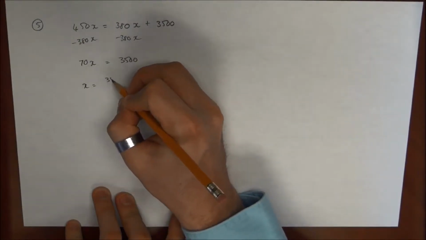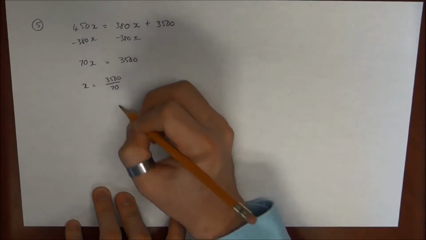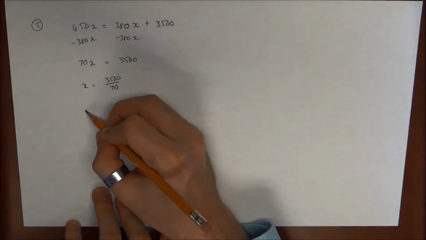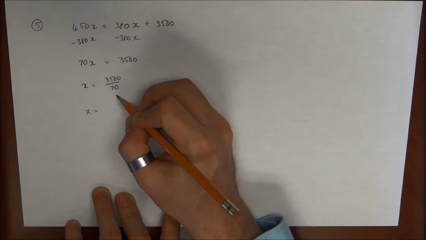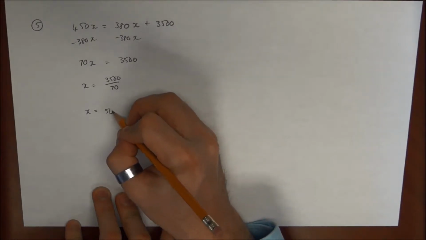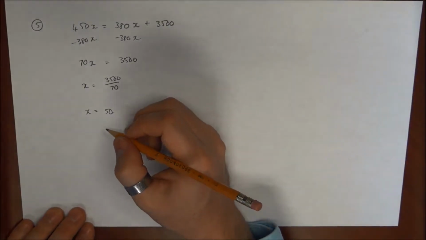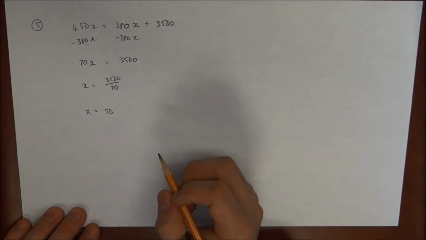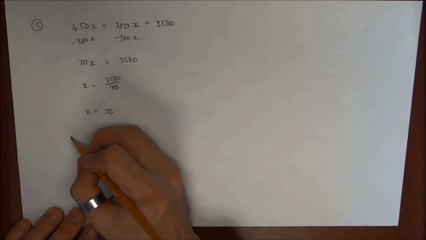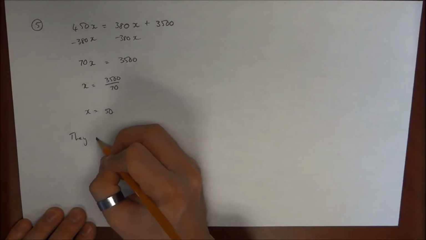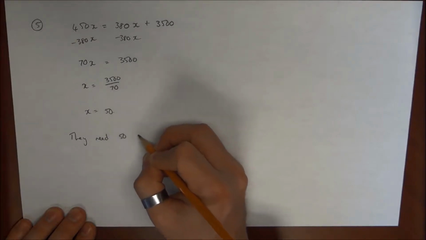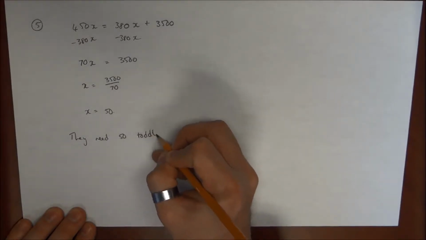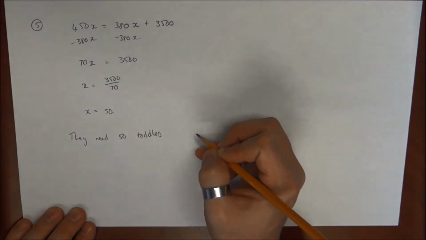So X is equal to 3,500 over 70. In this case, I want to calculate that. That will be 50. So the question asks me for the number of toddlers. So I'll write a little concluding sentence. So let's just say they need 50 toddlers to break even.